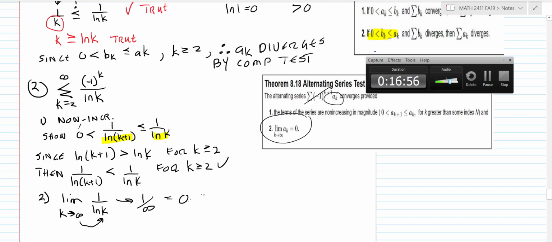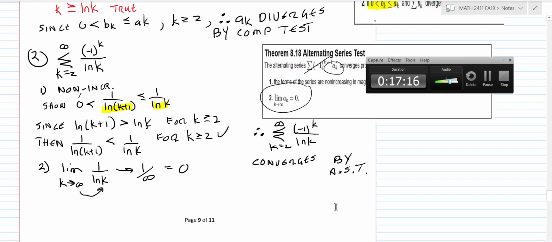So then we would conclude that the series, negative 1 to the k over ln k, from k equals 2 to infinity, converges by the alternating series test. Okay, so we have that.